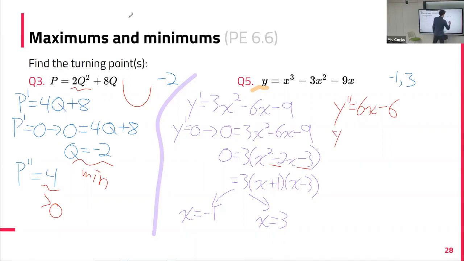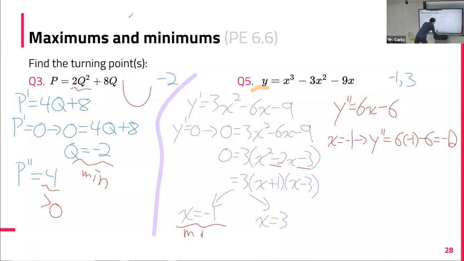So let's just label these properly. Okay, so when x is equal to -1, then y double prime is equal to 6 times -1 minus 6, which is -12.